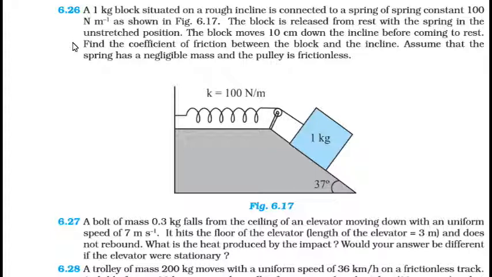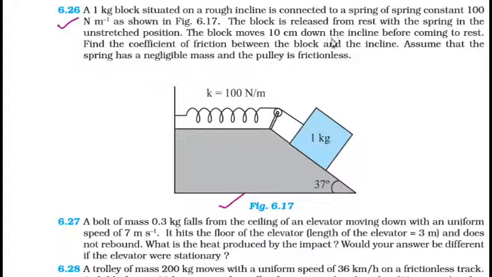Now let us see problem number 6.26. A 1 kg block situated on a rough incline is connected to a spring of spring constant 100 Newton per meter as shown in the figure 6.17.